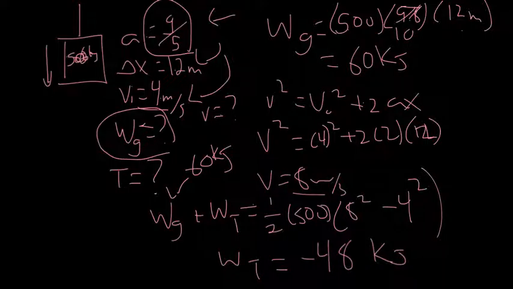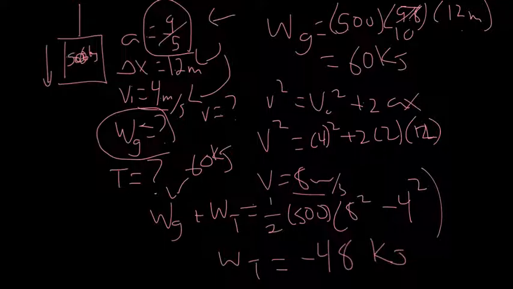And so at the end, we have a net change of energy. So if it was just gravity, the kinetic energy would change by 60,000 joules. Because tension was there, it kind of did 48,000 joules of energy upward.